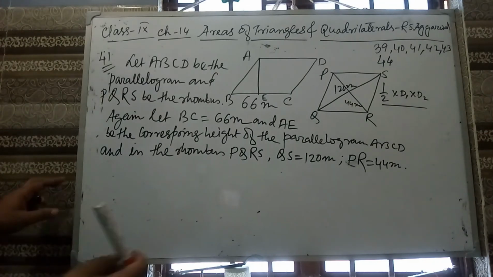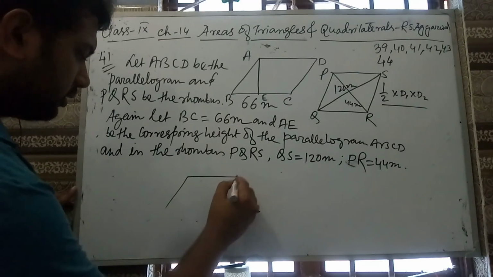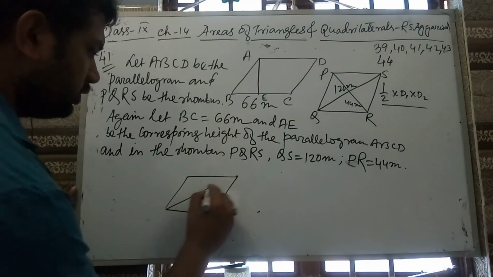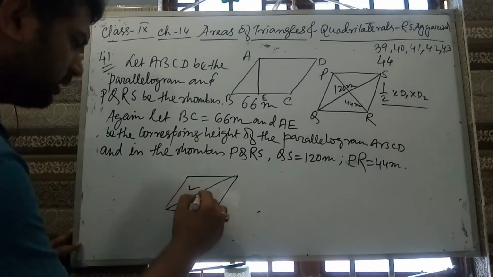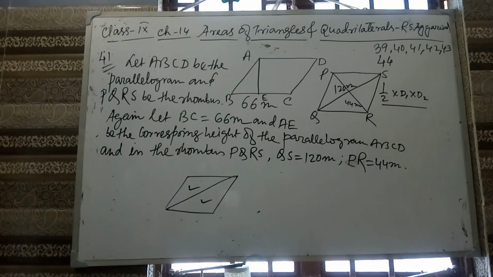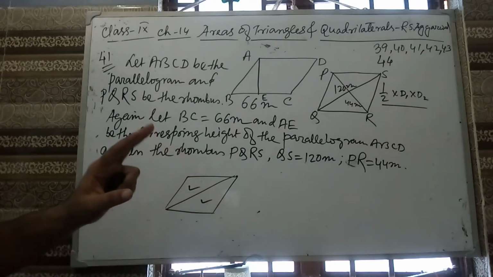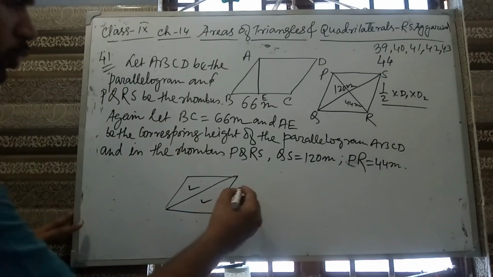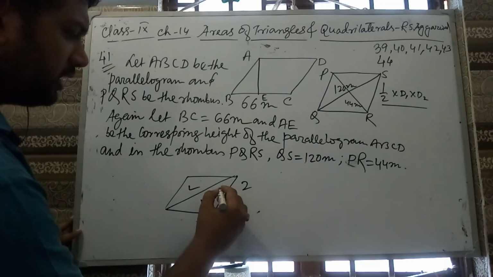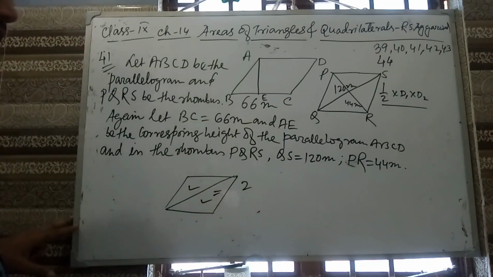Just one thing. Look, in a parallelogram, if we join a diagonal, we get two triangles. Two triangles have equal area. So area of the whole parallelogram will be 2 times area of one triangle, isn't it?